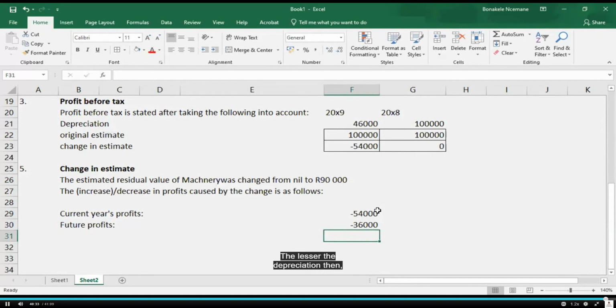So the lesser the depreciation, the more profit you are going to show. Hence, both the current year's profits and the future profits will have a decrease in depreciation, and that decrease in depreciation will result in an increase in profits. So that is how we disclose the changes in estimates. Thank you.